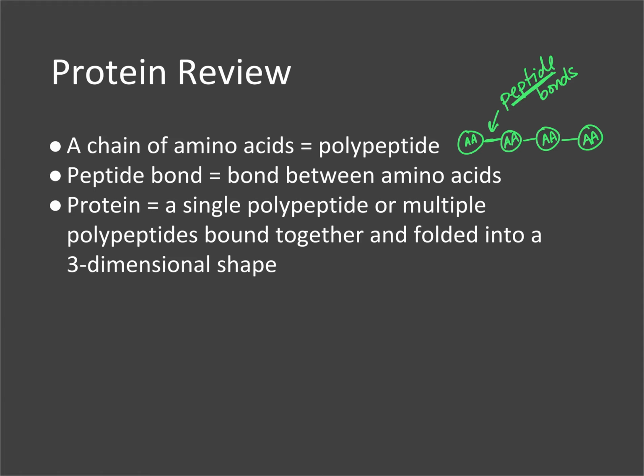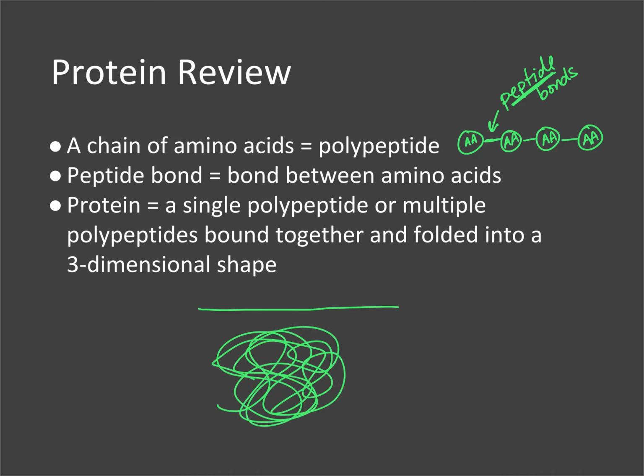So it's not just going to be a long strand of amino acids, it might be kind of a big glob, and there are different shapes associated with that. There are actually what we call 4 levels of protein structure, and we're going to talk about those on the next several slides.